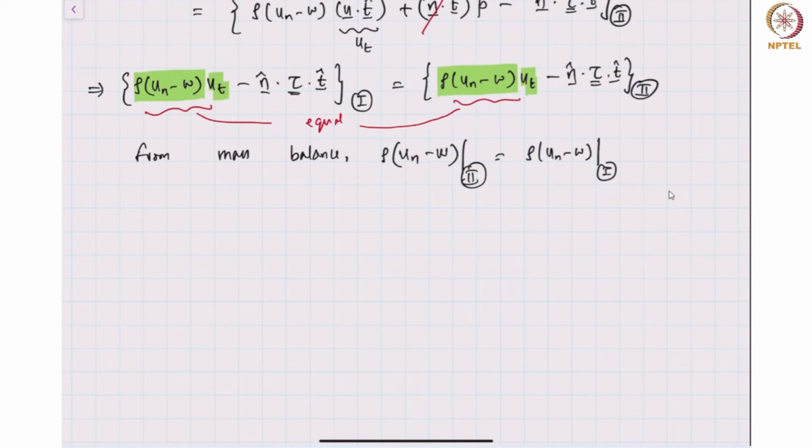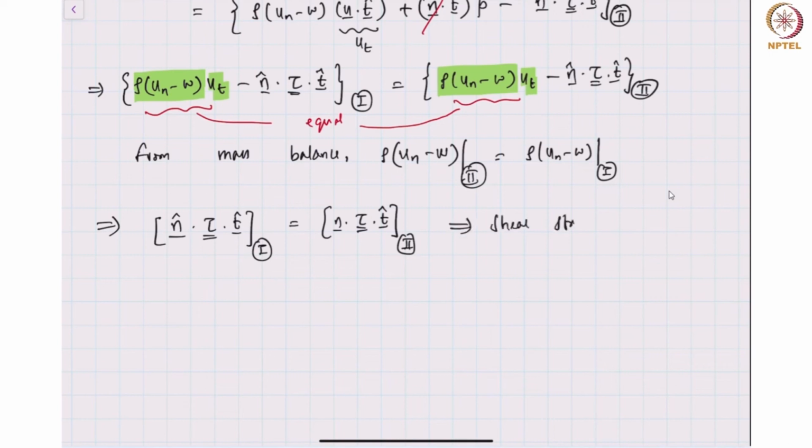And therefore the above relationship simplifies to n dot tau dot t over region 1 equals n dot tau dot t over region 2. If you remember, n dot tau dot t extracts the shear stress. This says that shear stress is continuous across the interface.